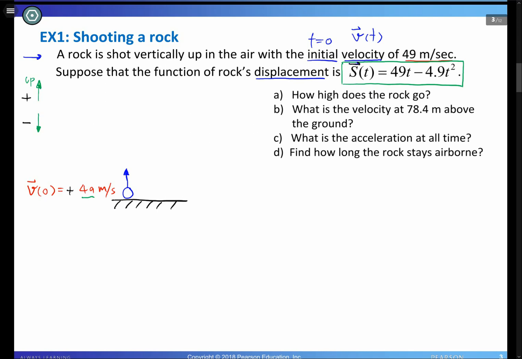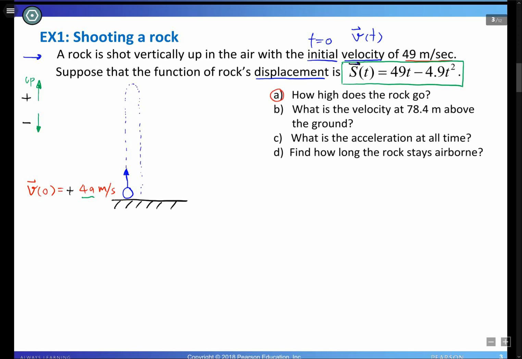Now we have all the information. Let's take a look at the first question. We want to know, how high does the rock go? So what's going to happen here? This rock gets shot up, it's going to go up, and it's going to get slower. At some point it's going to stop, and it's going to come back down to the original location, something like that.